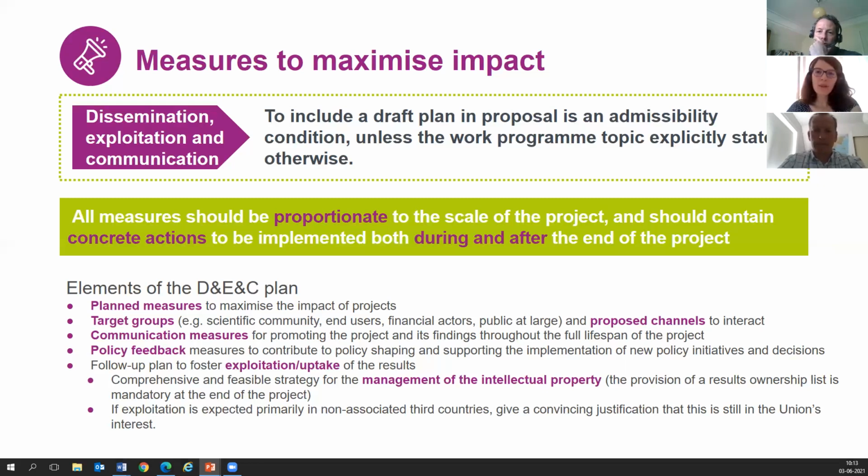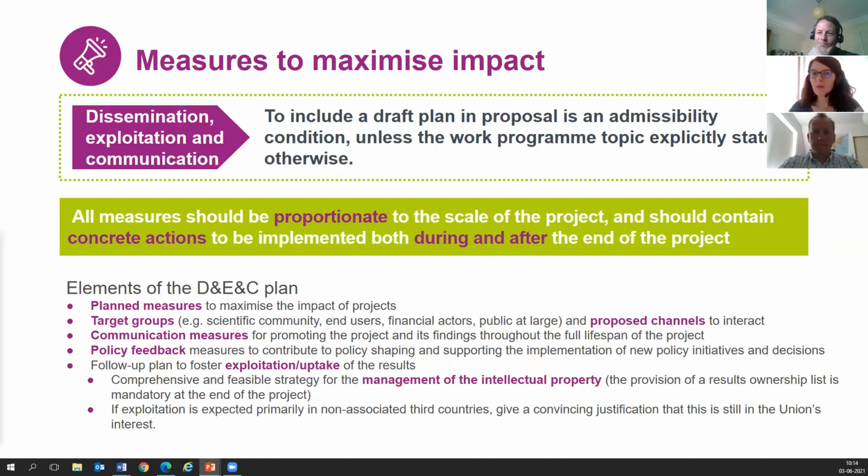And what is really important to keep in mind is that all those measures should be proportionate to the scale of your project and should contain concrete actions that will be implemented both during and after the end of your project.